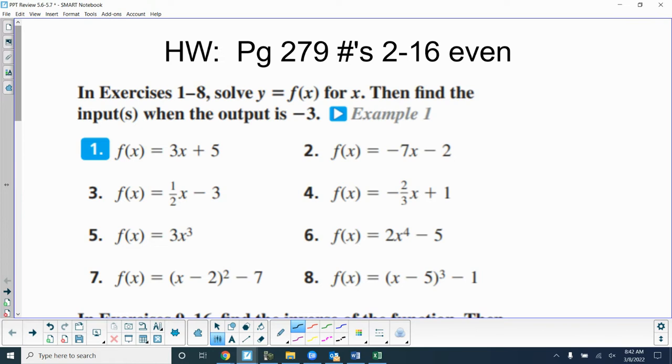What did you get when you solved for x? You were supposed to just solve for x for those, right? So what fraction did you get?